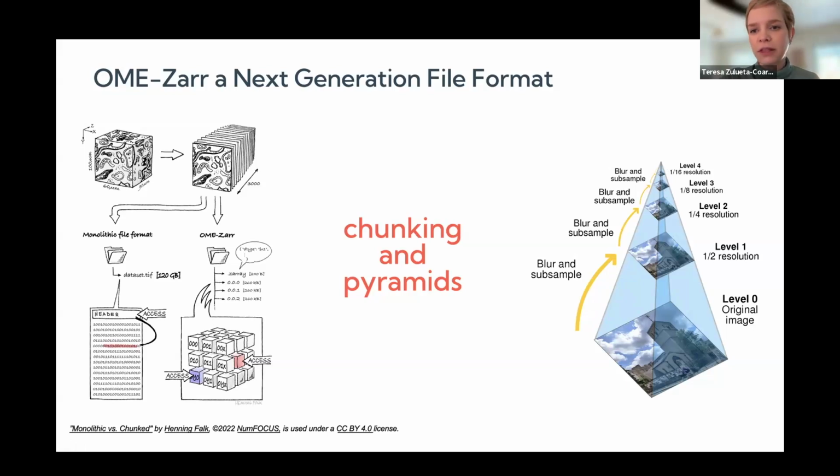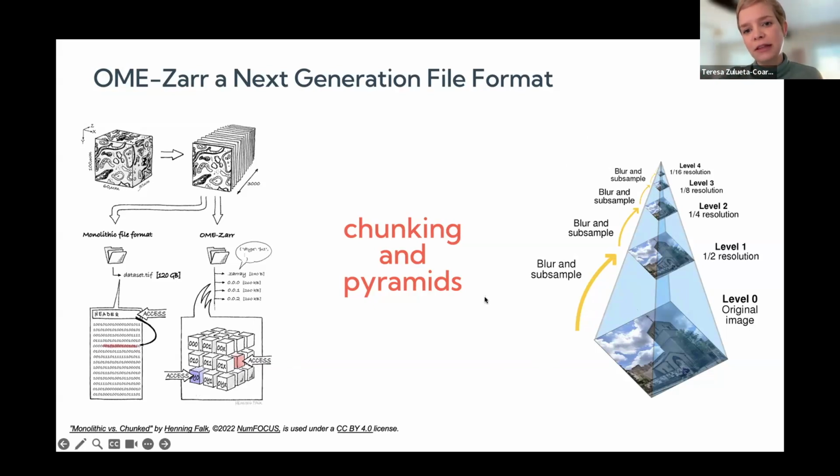So when you first open the image, you're going to see the lower resolution image. And then as you zoom in, you will have access to the higher resolution version of the images. And you can do that really fast because you can access the specific chunks of the image that you need to see rather than having to access the whole image all the time.